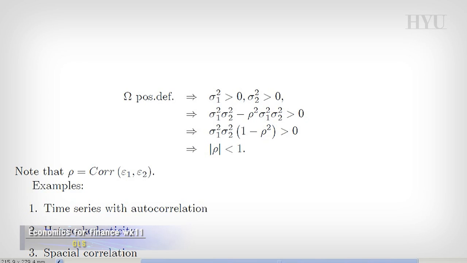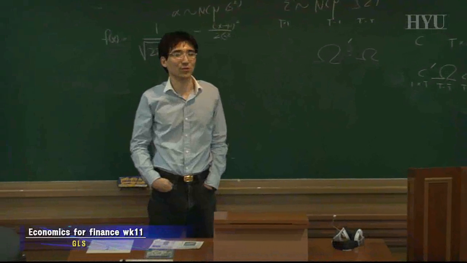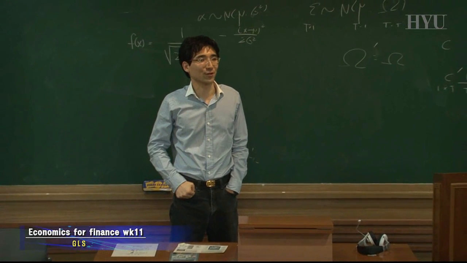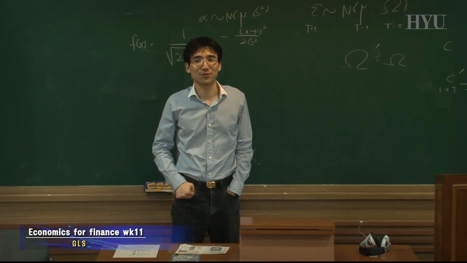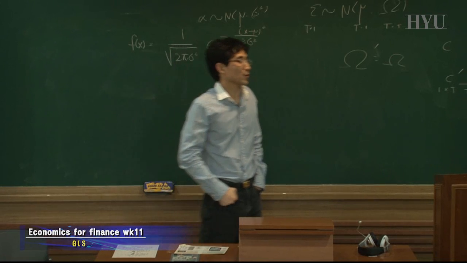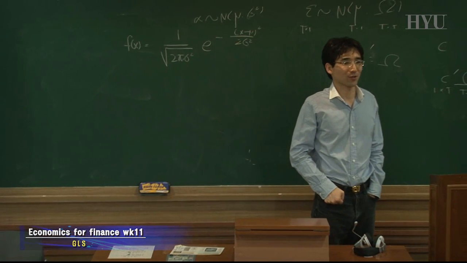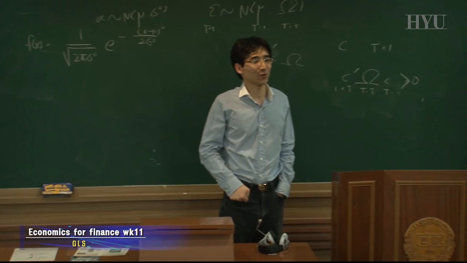Could you please raise your hand if you took mathematical economics before? No one? You did? Okay, everyone took it. So you learned optimization, right? Did you run the Hessian matrix?